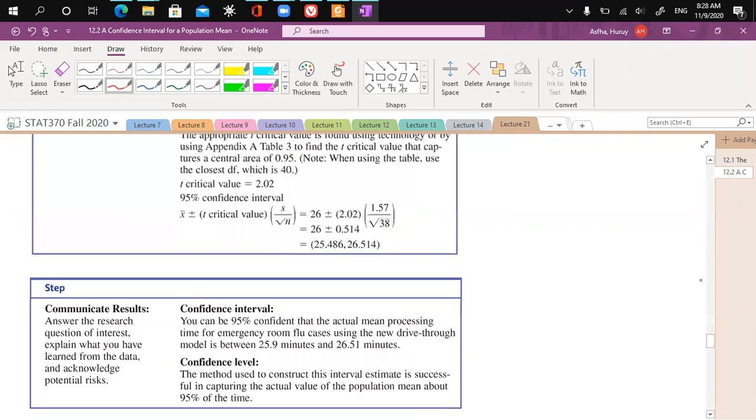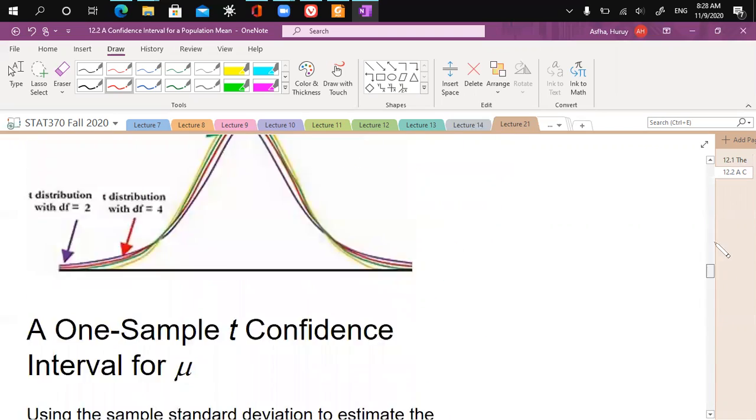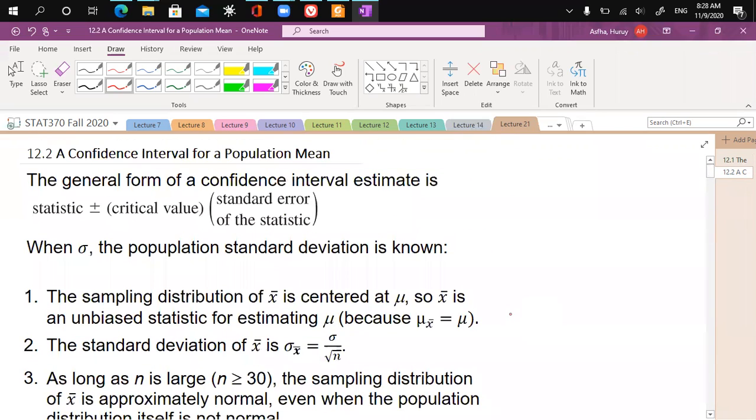And now let's start on how to make inference about the population mean. In order to make inference about the population mean, we've studied the sampling distribution of x bar, and we said when n is large, the distribution will be approximately normal, or if the population data is normally distributed, then it doesn't matter what n we take, the distribution will be approximately normal.